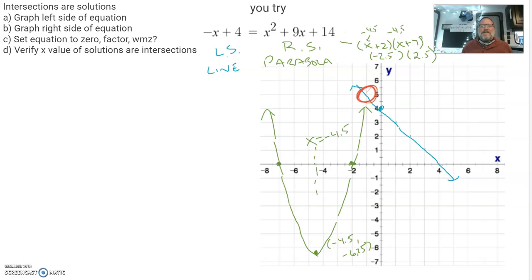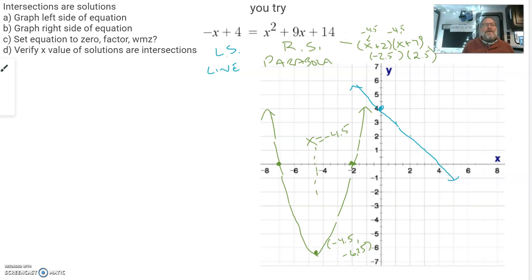It's going to intersect the line. And it's going to hit the line at an xy point that I can find from algebra. If I follow this blue line all the way up and out, and I follow this parabola up and out, I believe there's some sort of intersection way up there. I don't know where. Let's go find out.